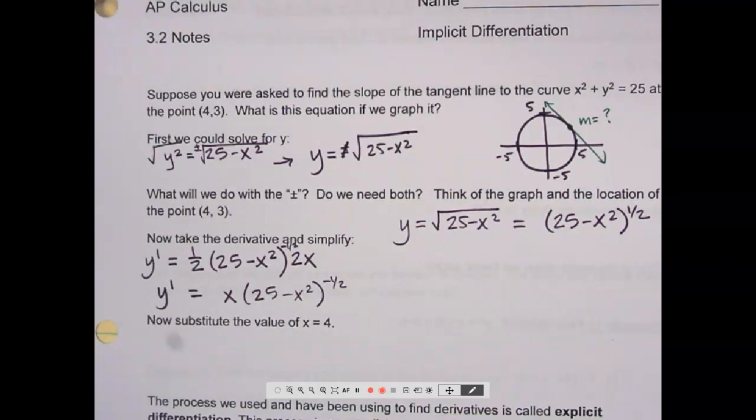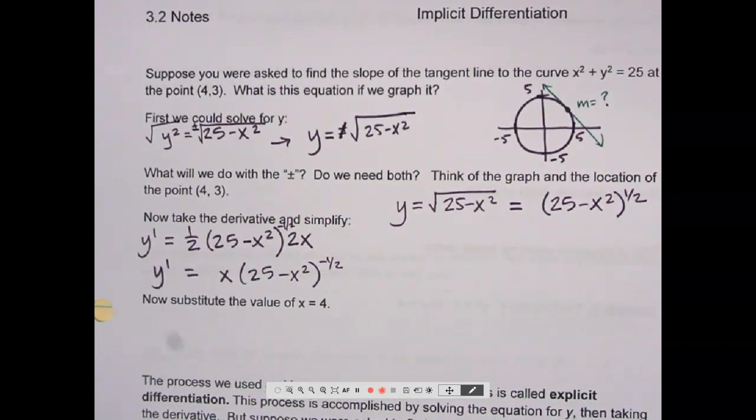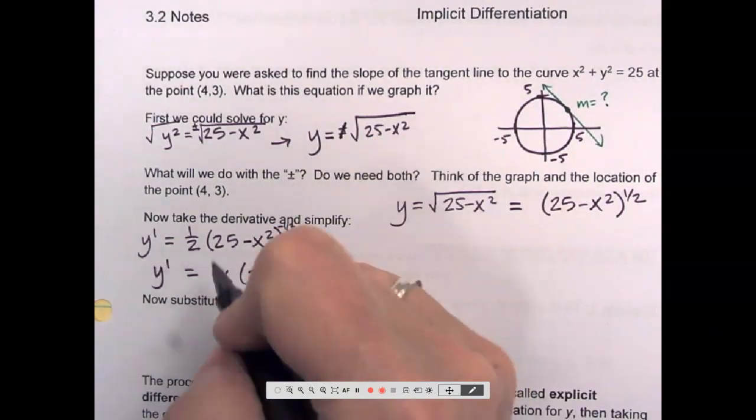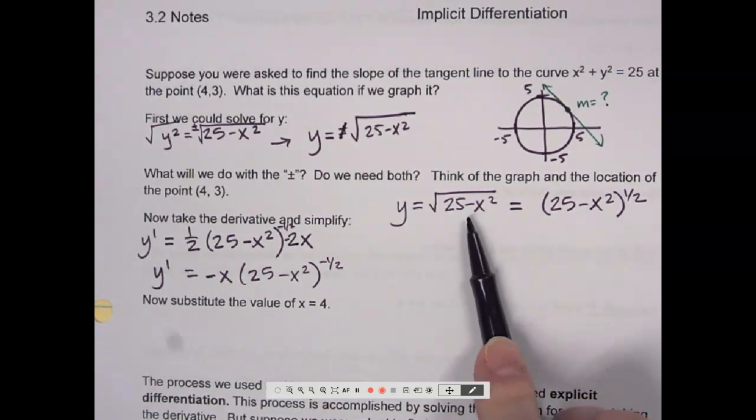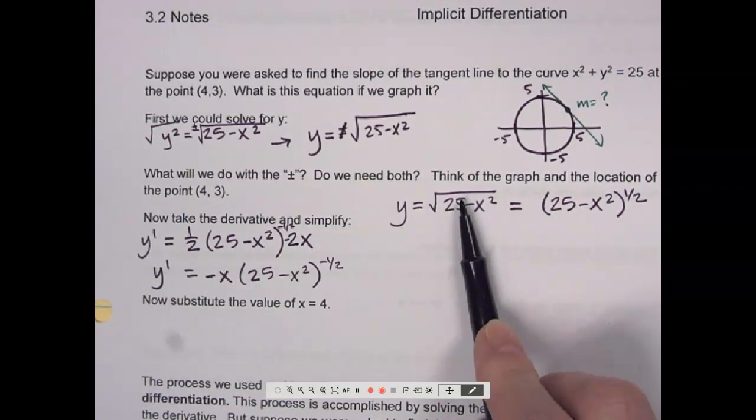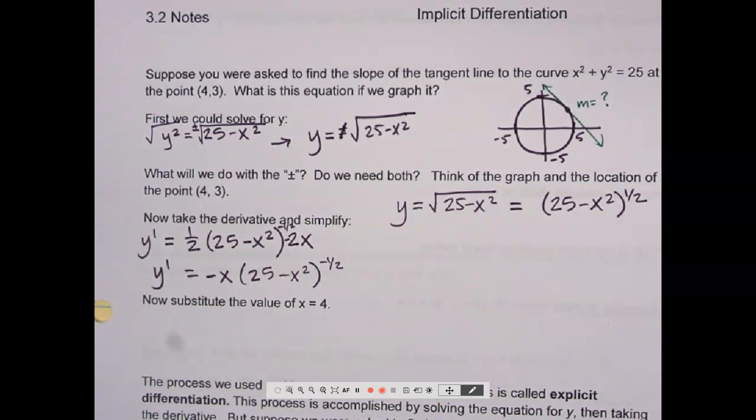Okay, so check up here. Oh, my bad. Thank you. I'm on a roll today. Plugging 4 in here, if I was not given the entire ordered pair, that's how I would find the y coordinate.